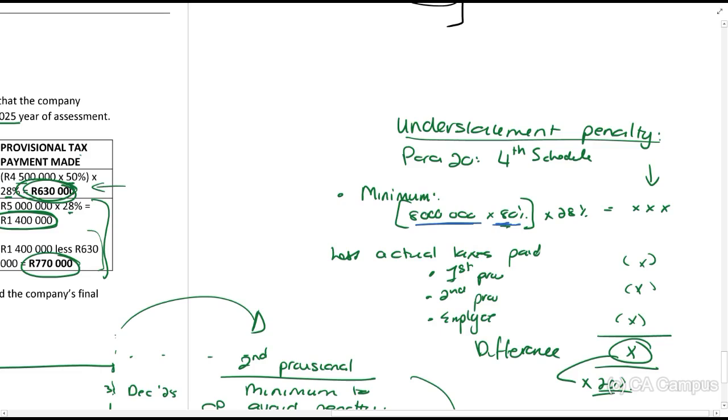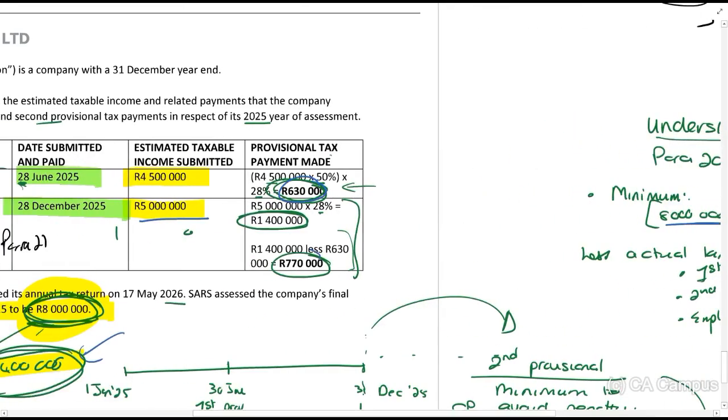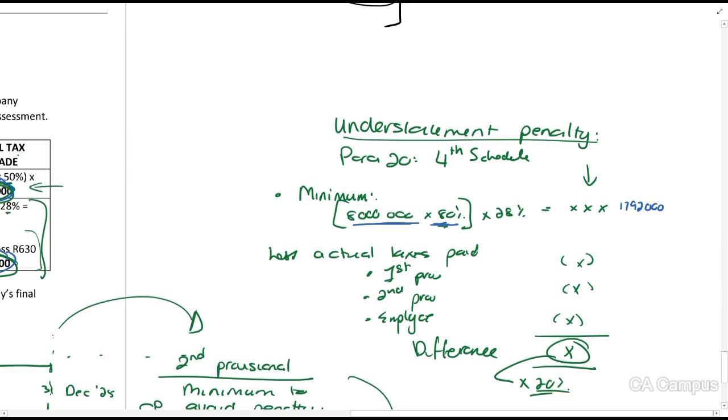So 8 million times 80% times 28% is 1,792. Less the actual taxes that were paid, 630 and 770. And there's no employees tax because we are a company and not a personal service provider company.